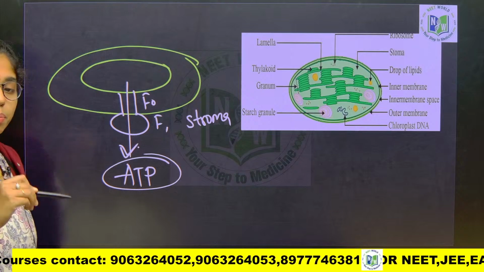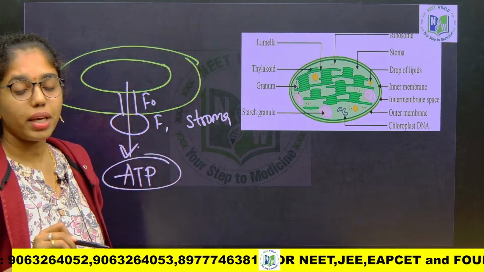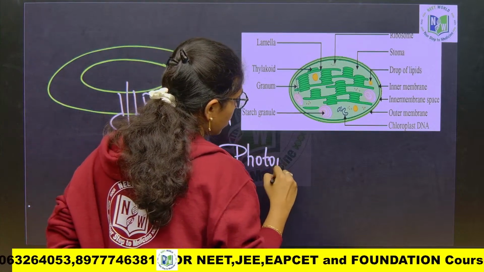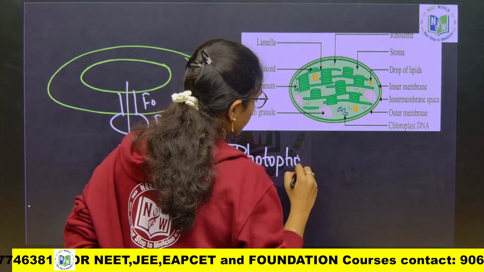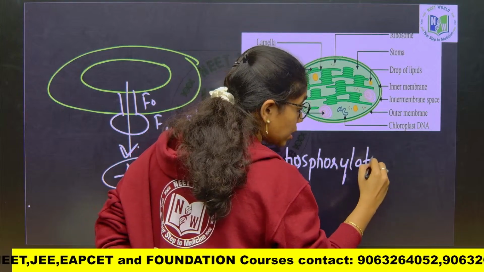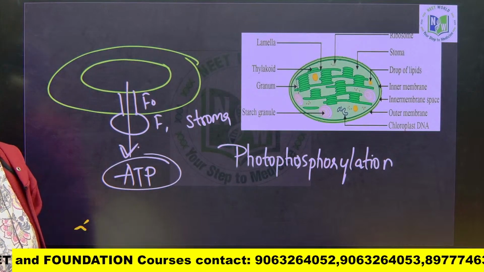The ATP synthesis which takes place in chloroplast is called photophosphorylation, whereas the ATP synthesis in mitochondria you will call oxidative phosphorylation.